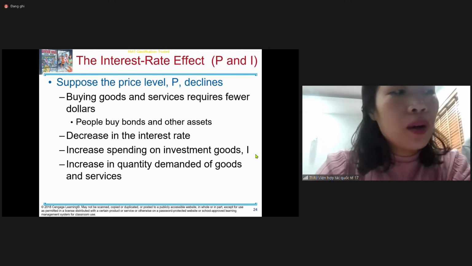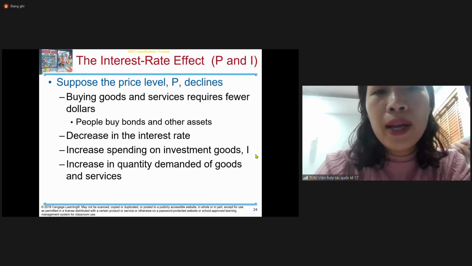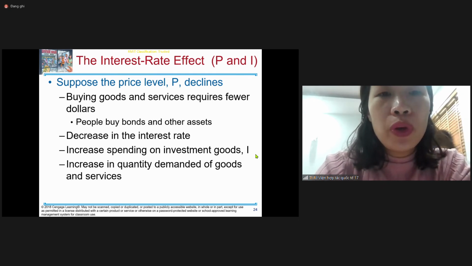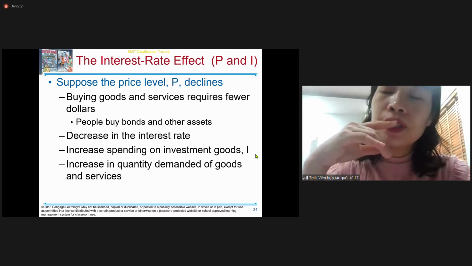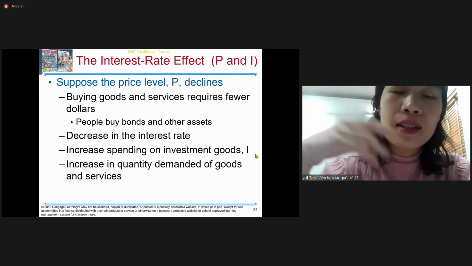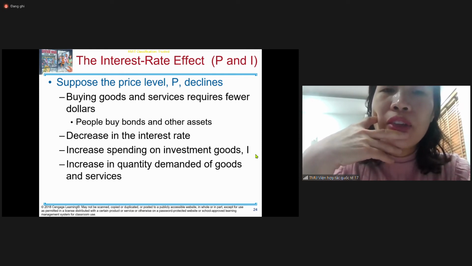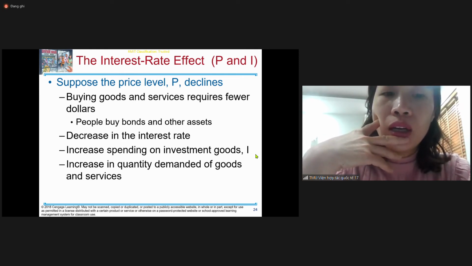Okay, so again, also the price change, and here just the price decline will also impact the interest rate. Okay, so this is quite a complicated issue, where we're trying to explain why, when the price level falls, the interest rate decreases as well. So for example, suppose the economy has a lower price level.